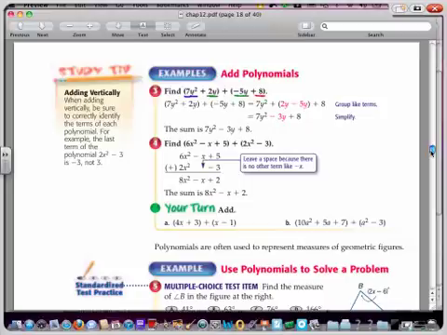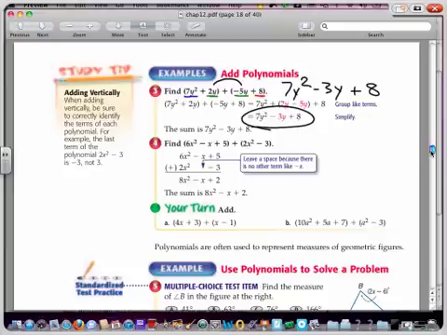Since there's only one y squared term, that one's done, 7y squared. Adding those two together, 2y plus a negative 5y would be negative 3y. And there's only one number term, so plus 8. That's 7y squared minus 3y plus 8.